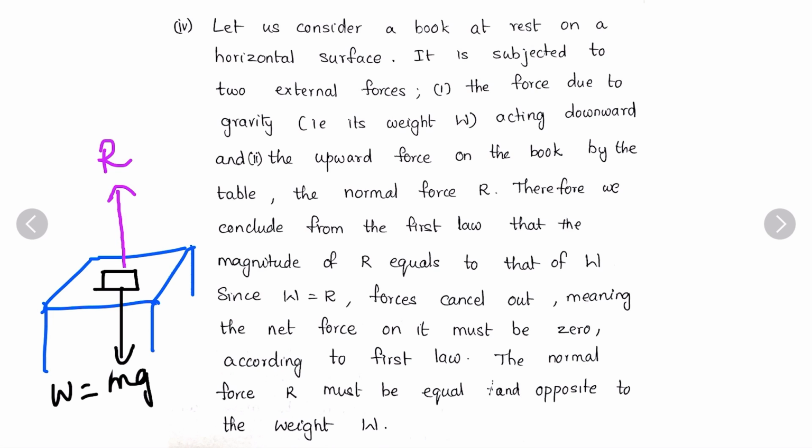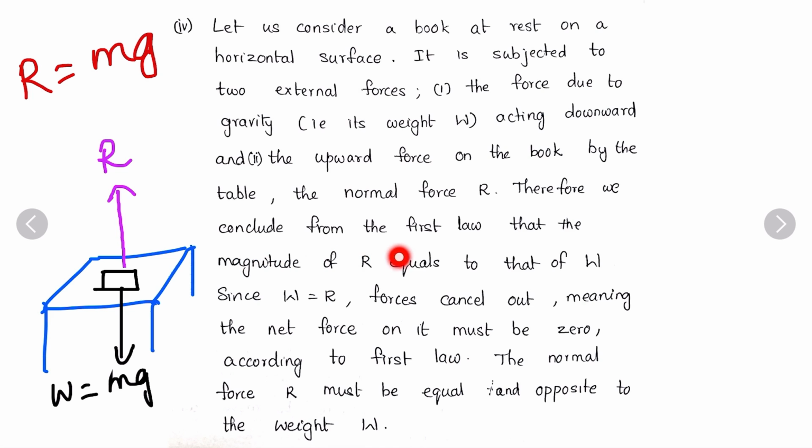But why is the book not moving up or down? Upward force is equal to downward force. That means R is equal to mg. The upward force and downward force cancel out each other, so the book is not moving. The upward force is called the normal reaction, or normal force.